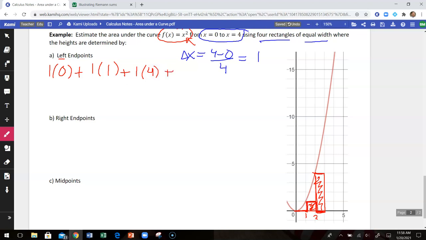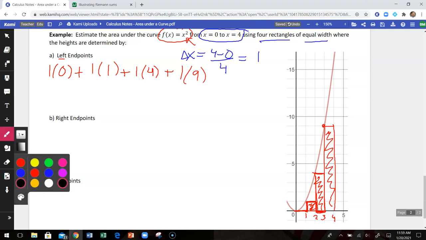Then I'm going to have one more rectangle, and that's the one that goes from 3 to 4. Again, we're using left endpoints, so I'm going to determine the height of this rectangle by using 3. Make that go straight across. I want to find the area of this rectangle. So that would be width 1, height 9. Again, I'm using that formula there.